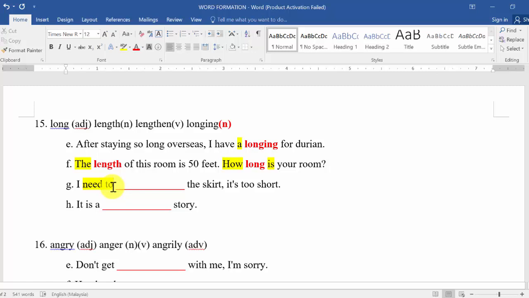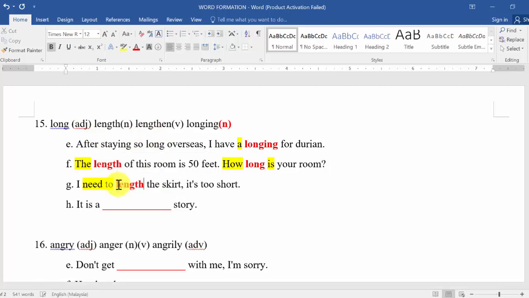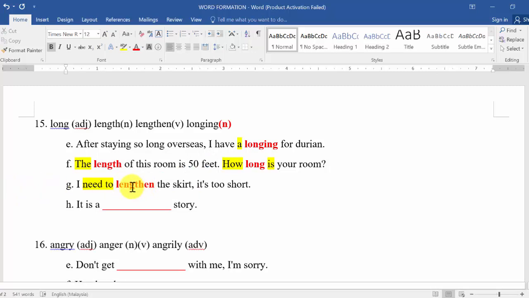After need to, it should always be a verb, the original verb. So your answer here should be lengthen. Lengthen the skirt, it's too short. You need to make the skirt longer because it is too short.